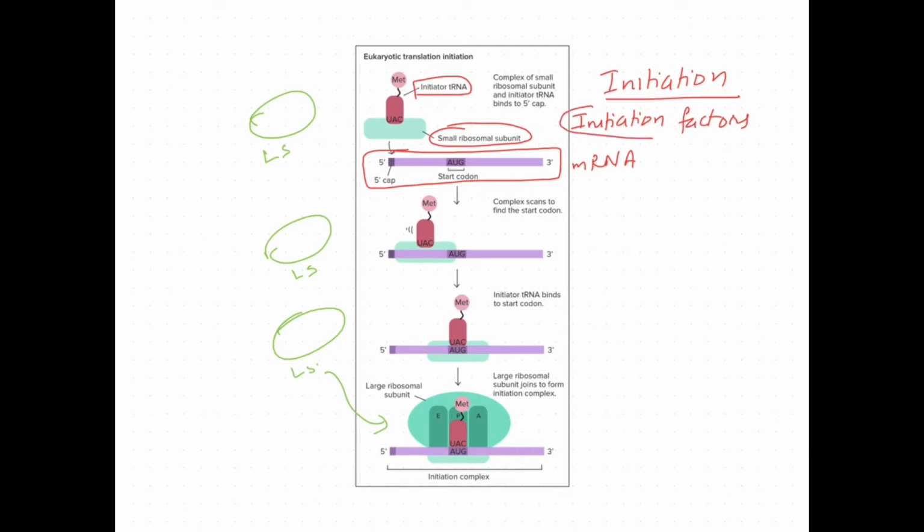Several initiation factors are required for forming a proper complex of tRNA, small subunit and mRNA. The large subunit is also there, which will be added later on. At first, a complex of the small ribosomal subunit and initiator tRNA binds to the 5' end of the mRNA. This complex will move towards the 3' end.